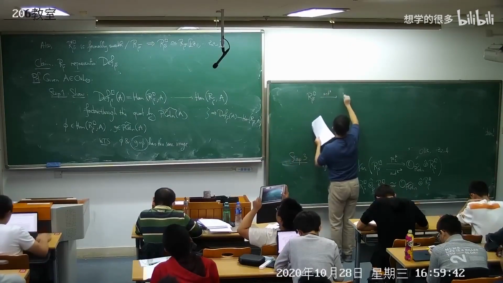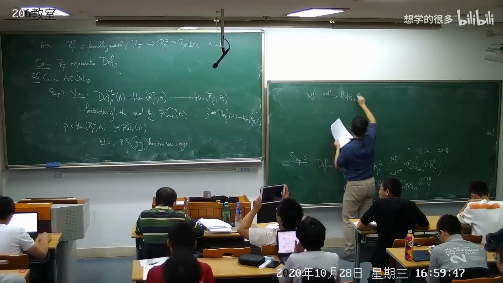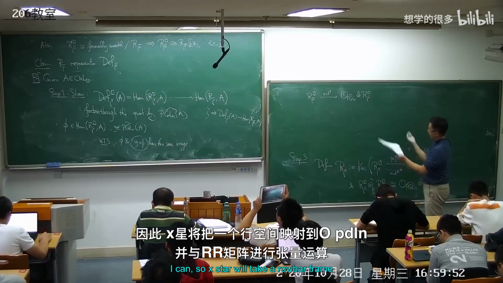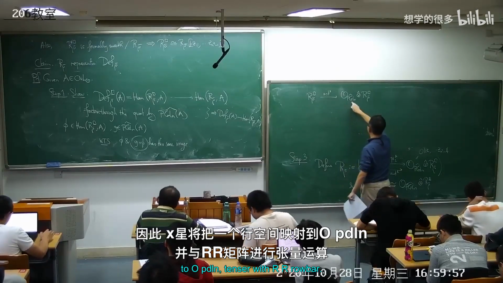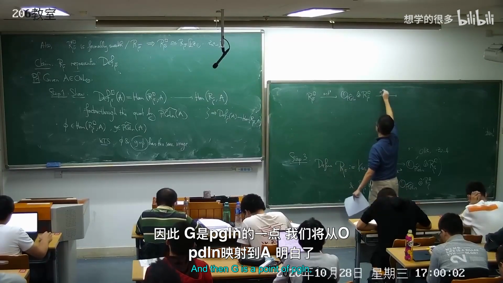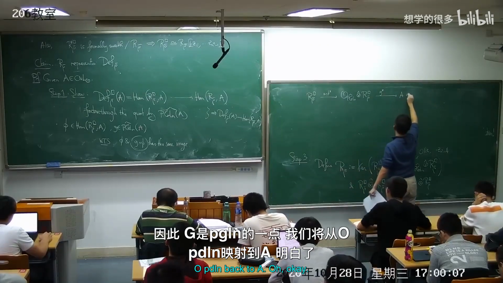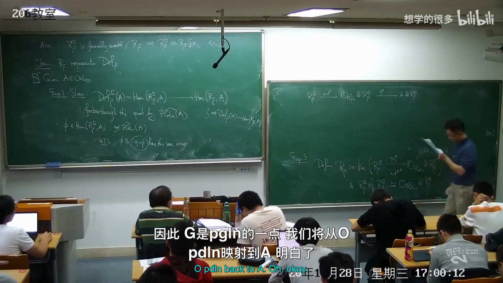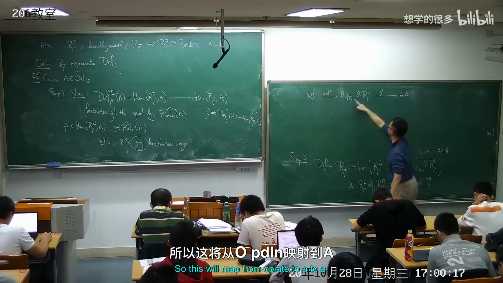So the action map x star will take rho bar frame to O of PGLN tensor with R rho bar. And then g is a point of PGLN, so we will map from O of PGLN to A.